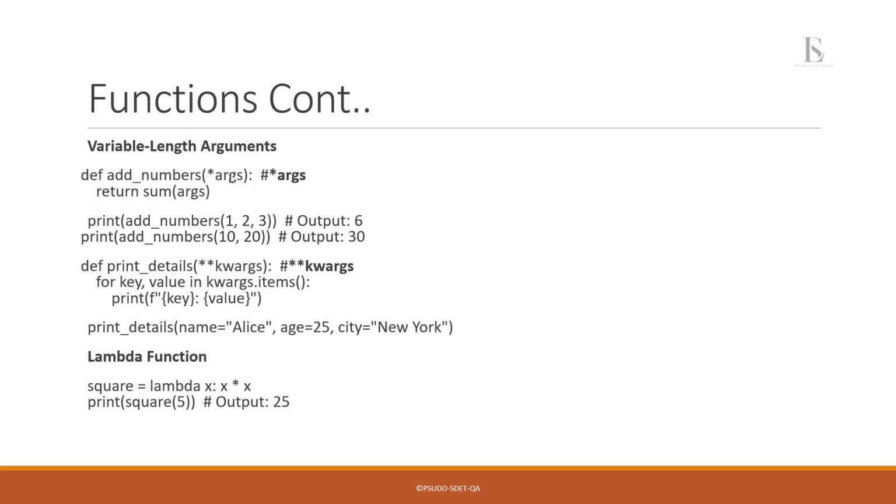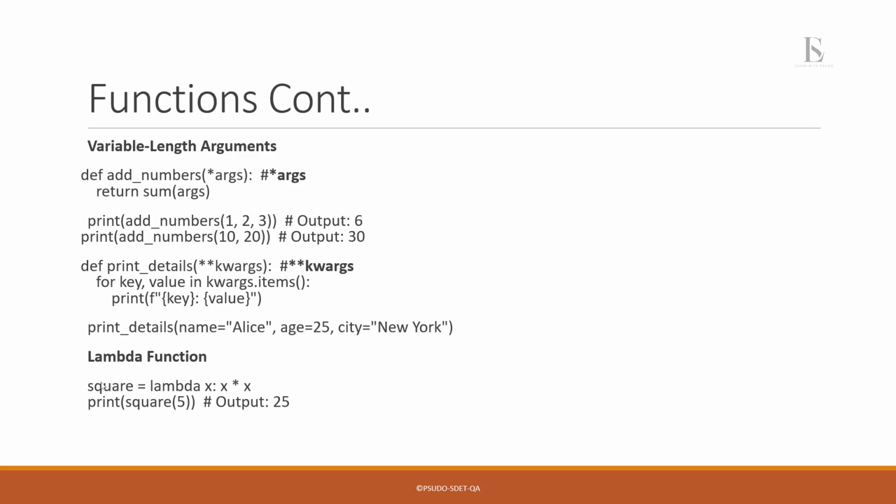If you just give args, it takes n number of inputs in your function input parameters, and then you can perform your actions on it, right? Whereas kwargs also takes n number of inputs, but it will take them in a key value pattern, and this would store it in a key value pair.